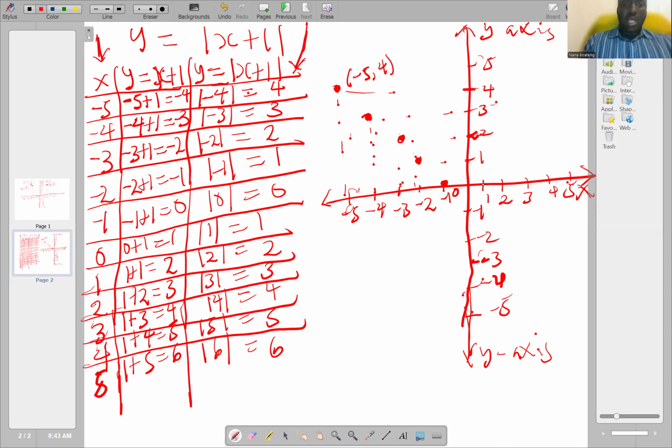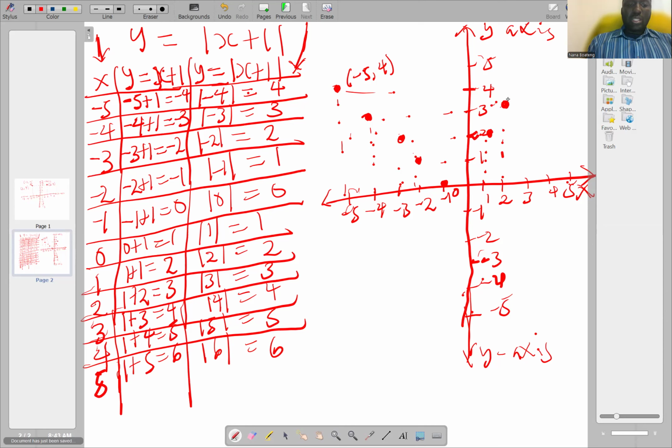The next one is x is +1 and y is 2. X is +1 and y is 2 is about here. The next one, x is +2 and y is +3. So x is +2 and y is +3 will be about this point.